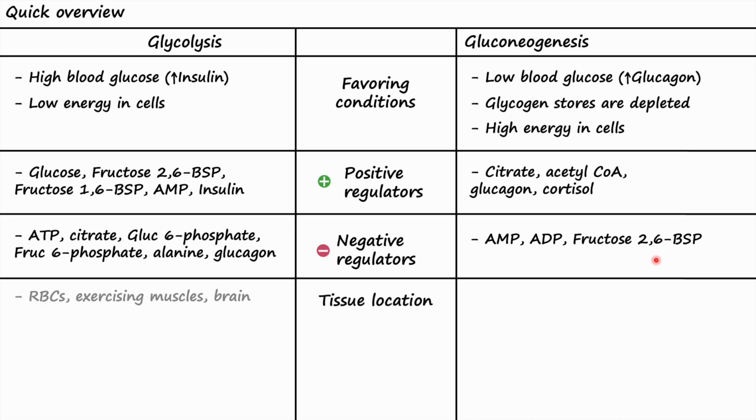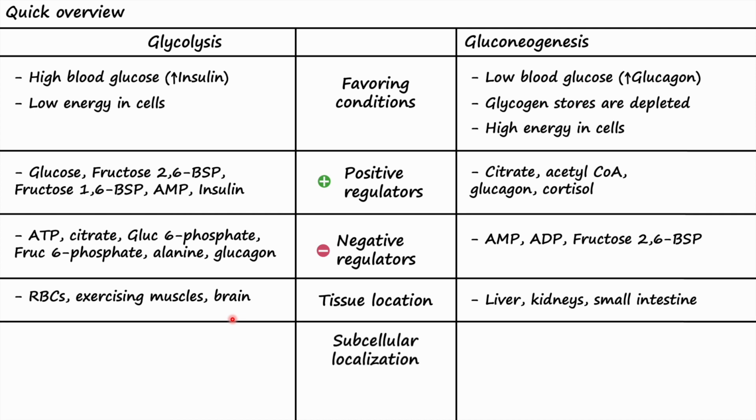Tissue locations for glycolysis are RBC, red blood cells, exercising muscles, and brain. Although glycolysis can take place in many other tissues, these are the tissues which heavily rely on the glycolysis pathway to synthesize energy. And for gluconeogenesis, it is liver, kidney, and small intestine.